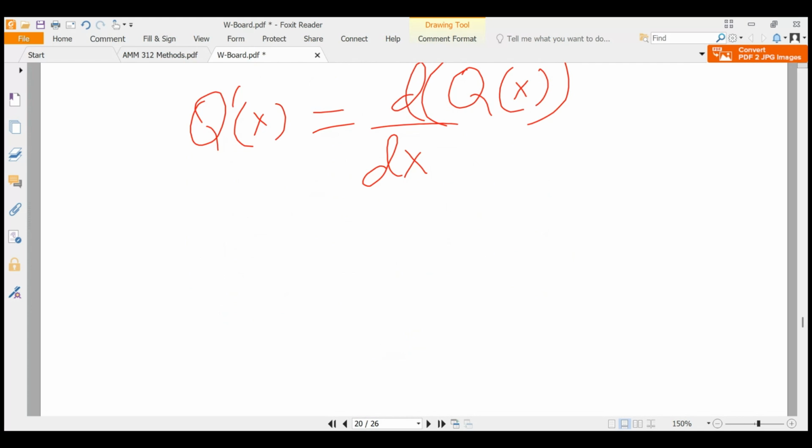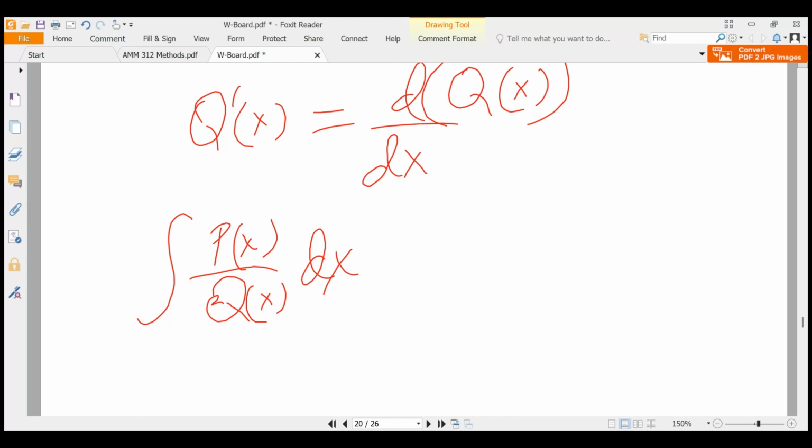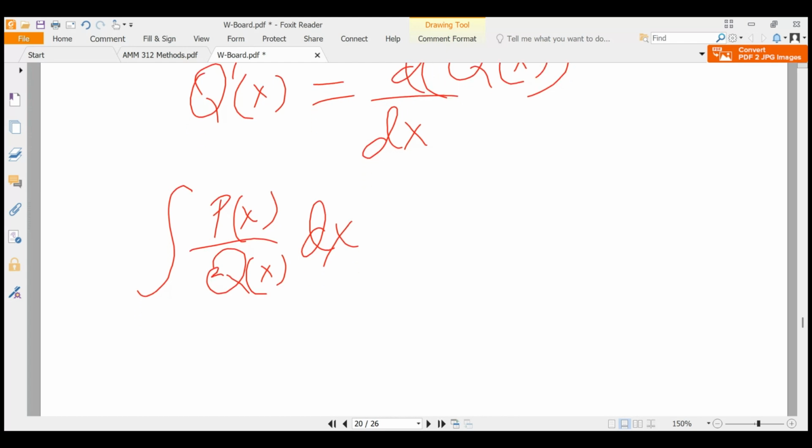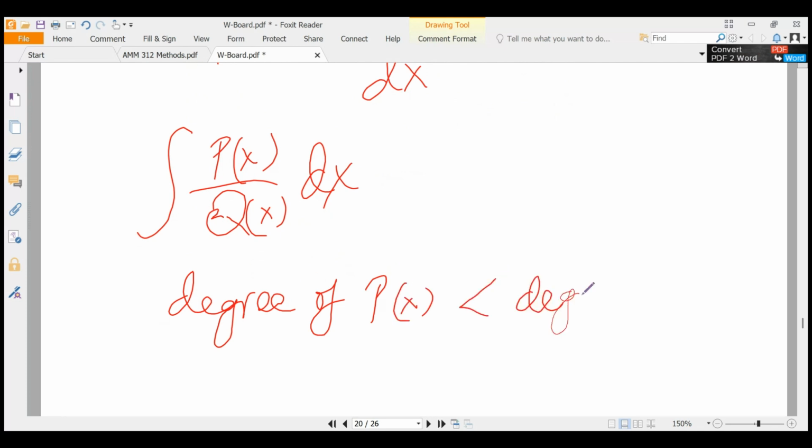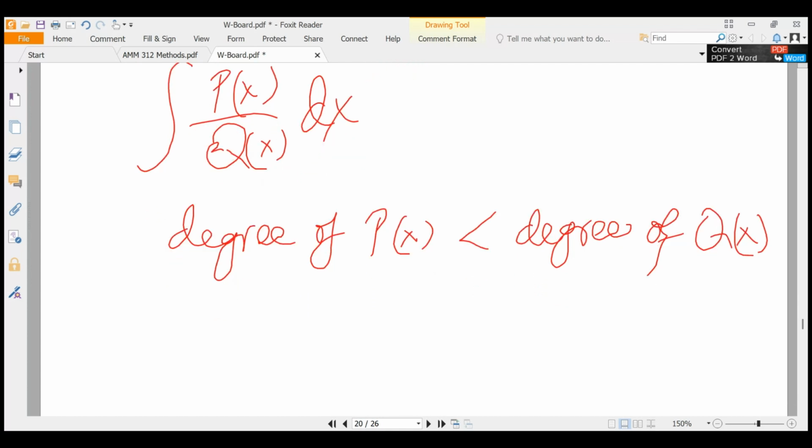This method applies to integrals that take the form integral of p of x divided by q of x, as we have said before, when the following conditions are met. One is that the degree of p of x should be less than the degree of q of x. So p of x should be of lower degree than q of x.